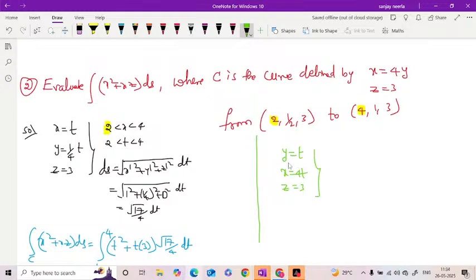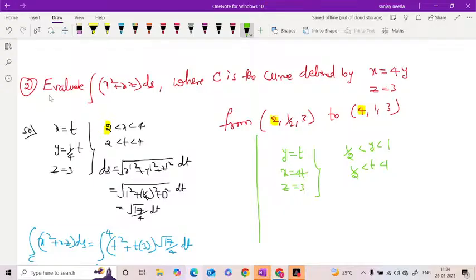Since y is equal to t, the y values are between 1 by 2 to 1. That means we will take our t limits 1 by 2 to 1 only. Previously we focused on x is equal to t, that's why we took the t limits 2 to 4.